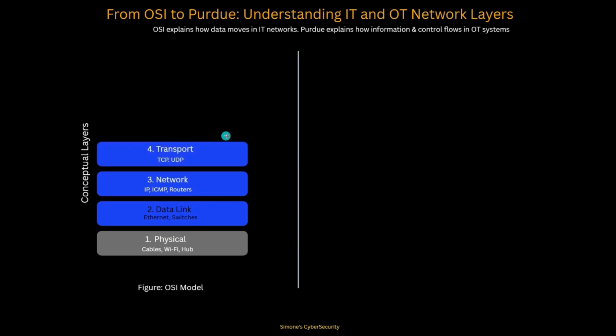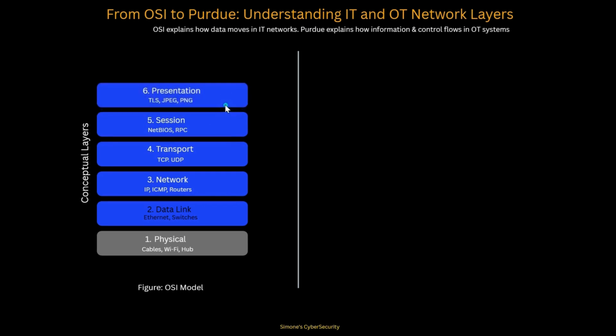Then you have the transport layer. This layer focuses on data delivery, deciding which protocols to use. And then the session layer that manages and maintains sessions between systems. Then you have the presentation layer that takes care of how data is represented, that is handling encryption, compression, or formats such as TLS, JPEG, or PNG. And then finally, at the top, we have the application layer.